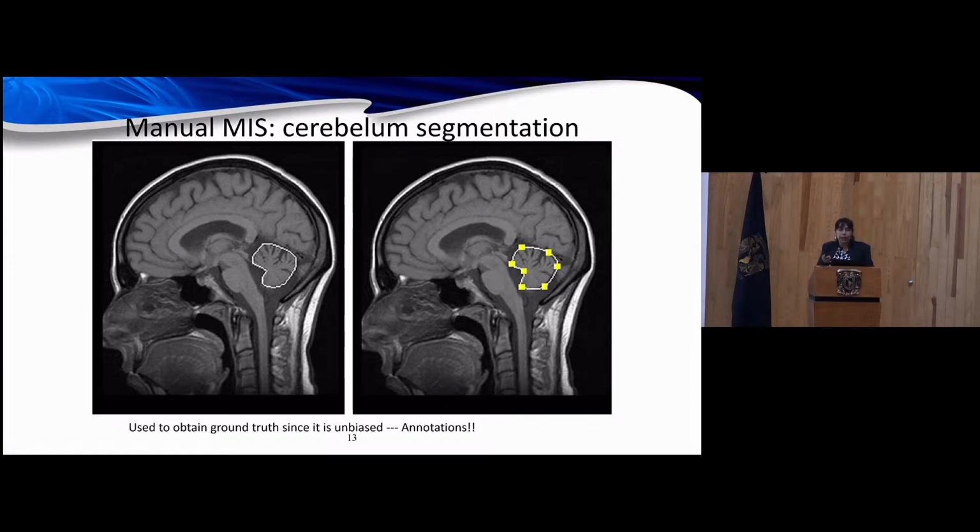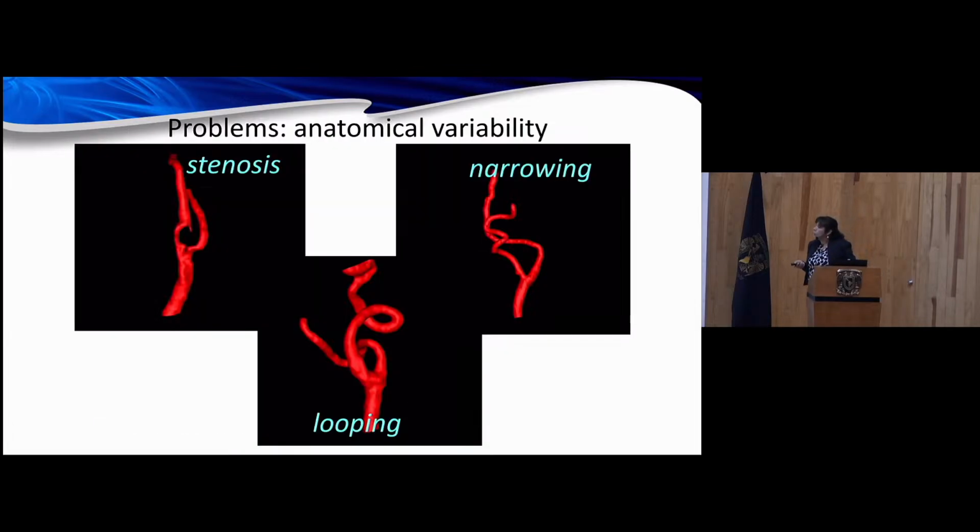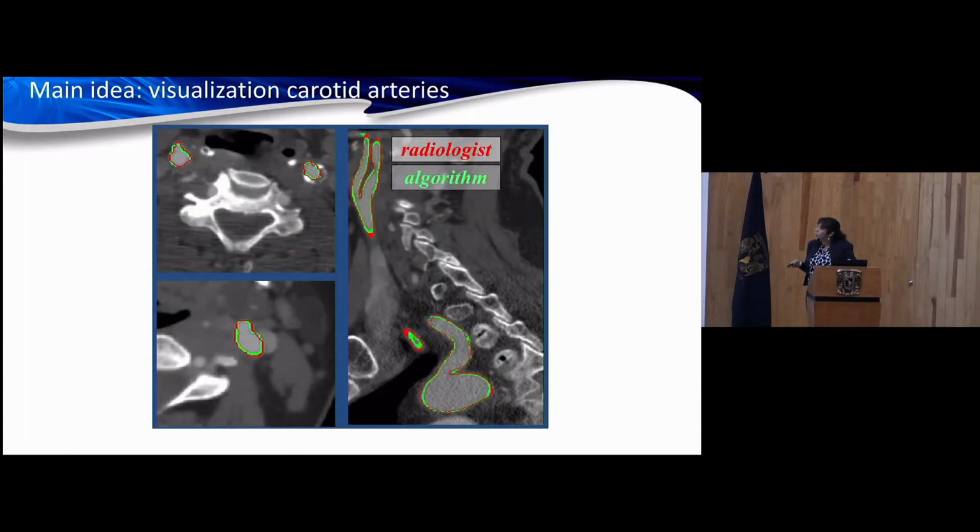They are very valuable because nowadays in the deep learning area, we need a lot of annotations, no, in order to get an algorithm that behaves correctly or near what we are looking for. So the problem is that there's a lot of anatomical variability, yes, and also sometimes the visualization is difficult.